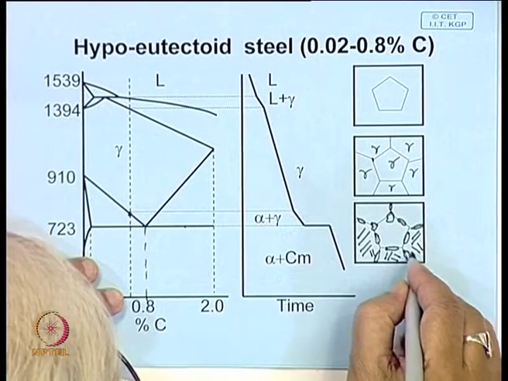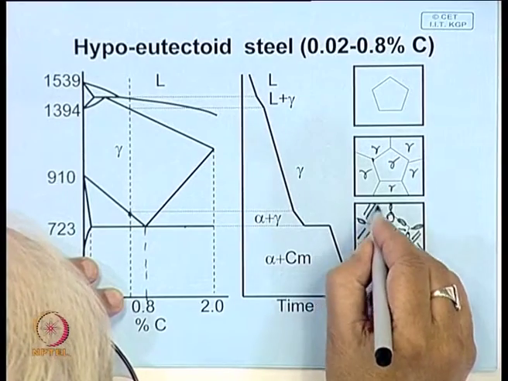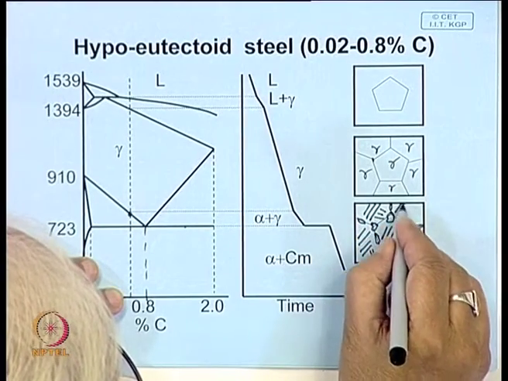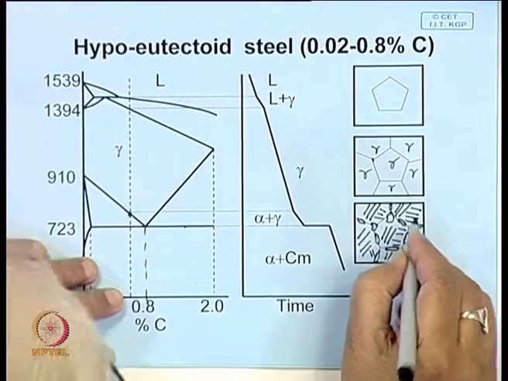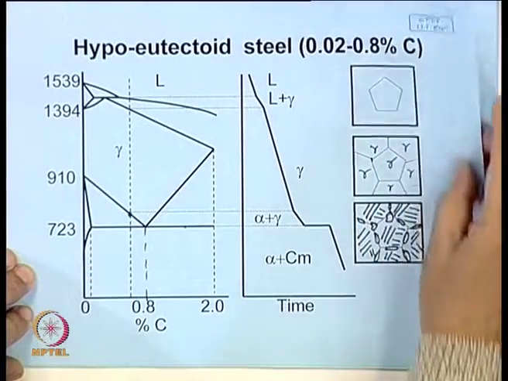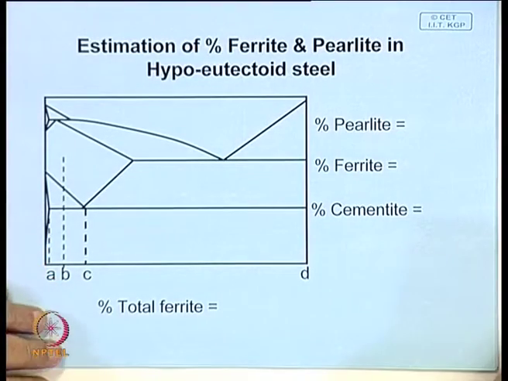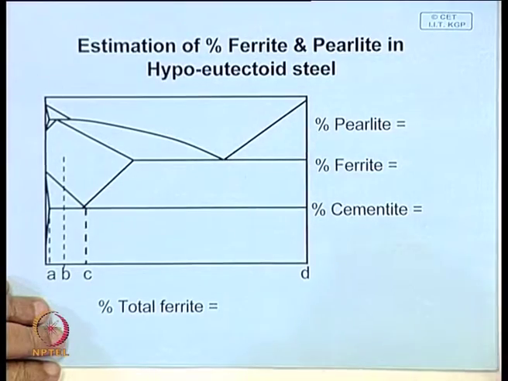So, you will have this kind of microstructure. This is the case of a hypoeutectoid steel. In the same way, you can estimate.